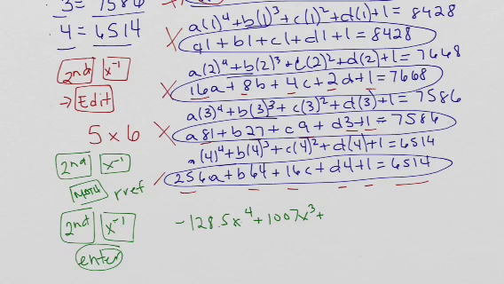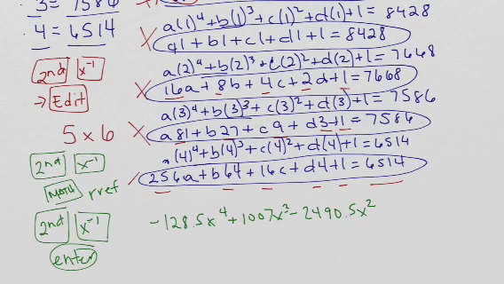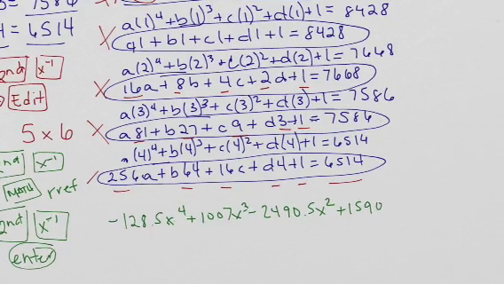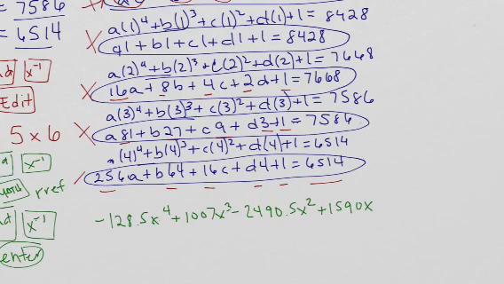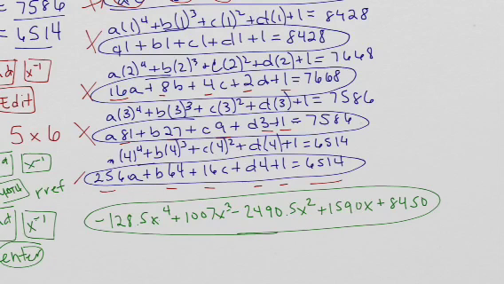Instead of writing c, it's minus 2490.5x squared. And then you're going to add in your 1590x and add in 8450 as your constant, and we are all done. This is the equation that would model it.